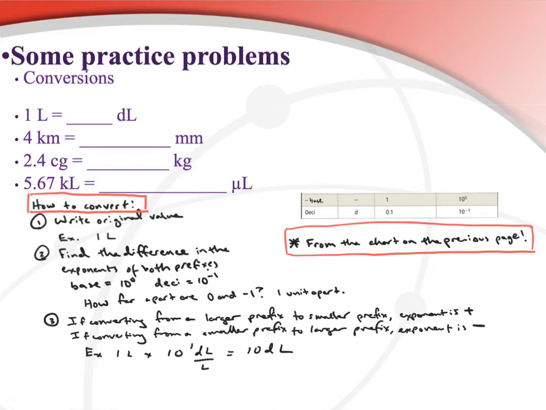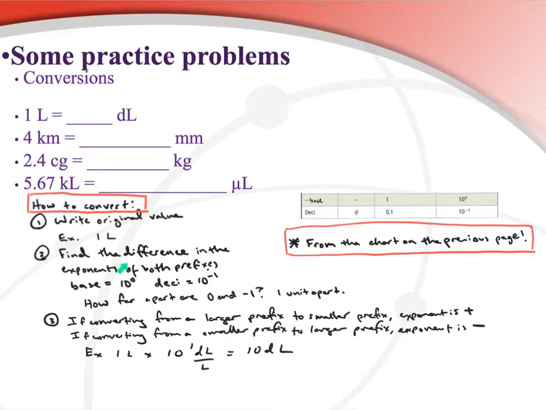Okay. So, both prefixes. So this one, since it's just a single letter, that's my base unit. There are not 2 letters here, so this is just a base. Okay, that's 10 to the 0. All right, I just copied this from the previous chart, on the previous page. And then deci, lowercase d, is 10 to the negative first.